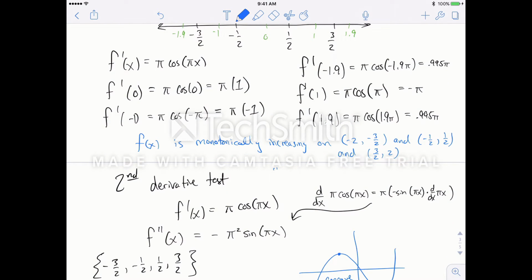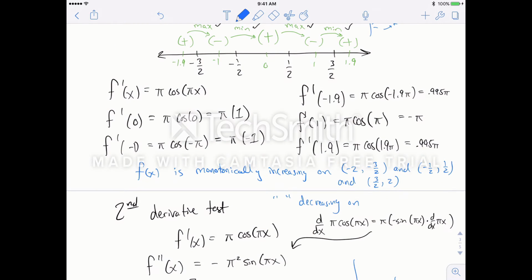And monotonically decreasing on the negative intervals, so negative 3/2 to negative 1/2, and 1/2 to 3/2.